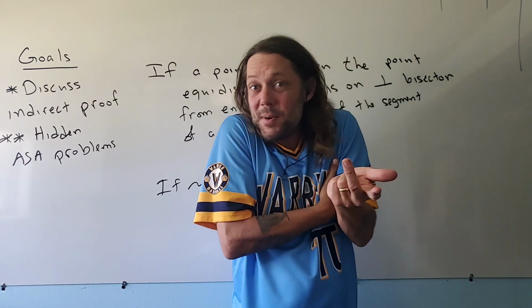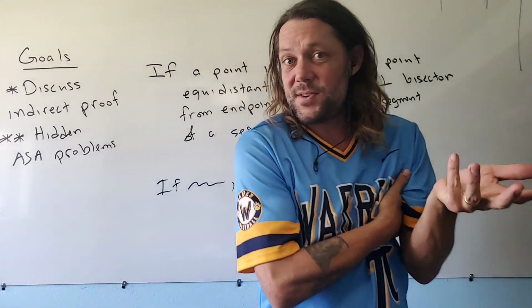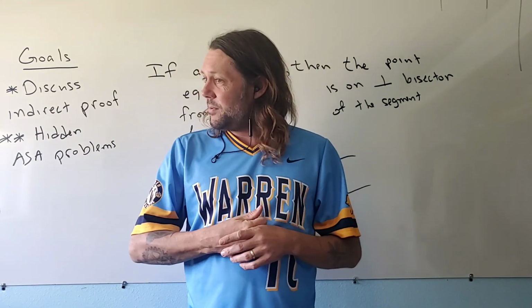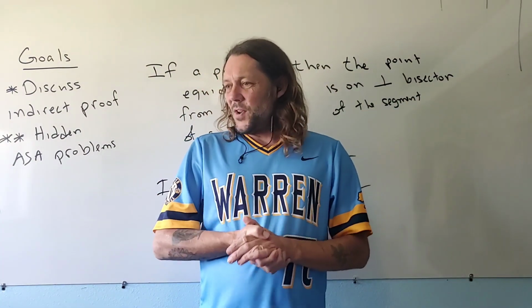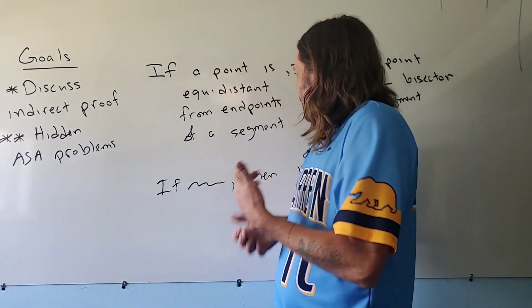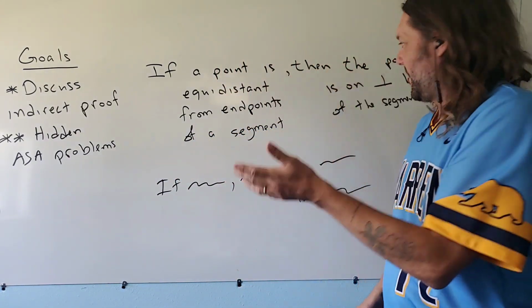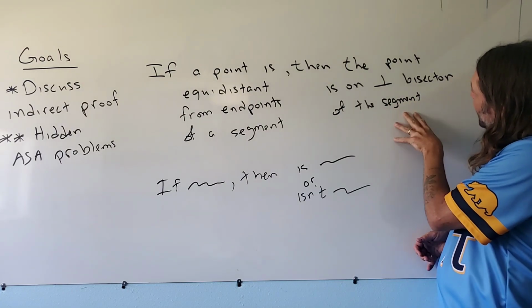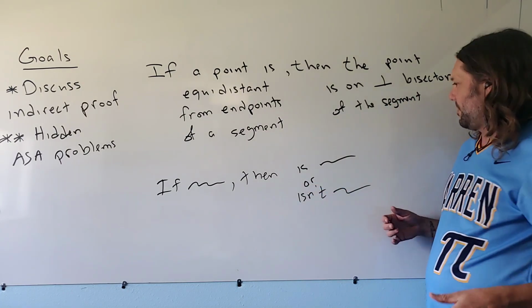Sometimes there's 2 possible results, sometimes there's 3, sometimes there's a lot of possible results. This indirect proof is really nice because there's only 2 possible results that we saw in the book. The point is either on the perpendicular bisector or it is not on the perpendicular bisector.